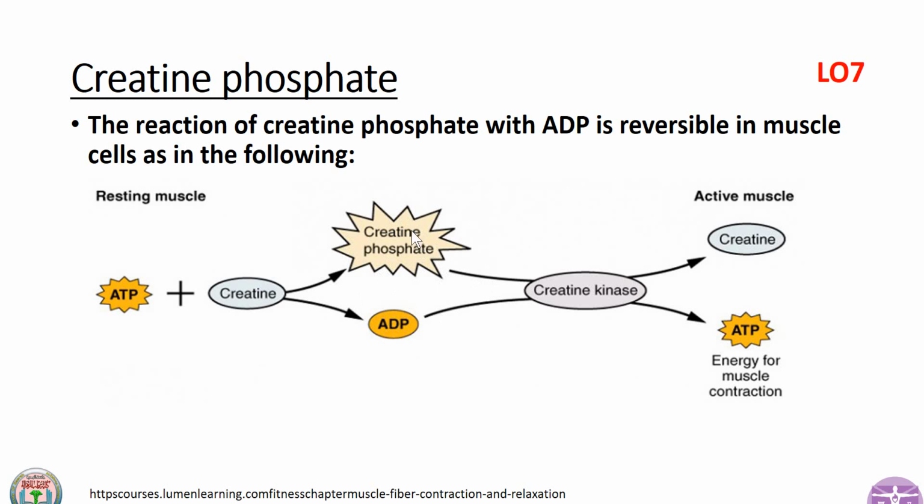And when the cell needs high energy, such as when the muscle is in exercise, creatine phosphate will supply the cell with this energy by its conversion to creatine and release of ATP to the cell, in a process facilitated by the enzyme creatine kinase, in which ADP is converted to ATP to be released to the cell during contraction.